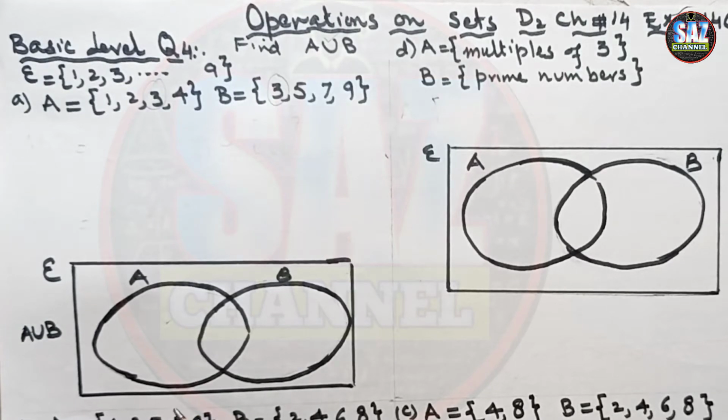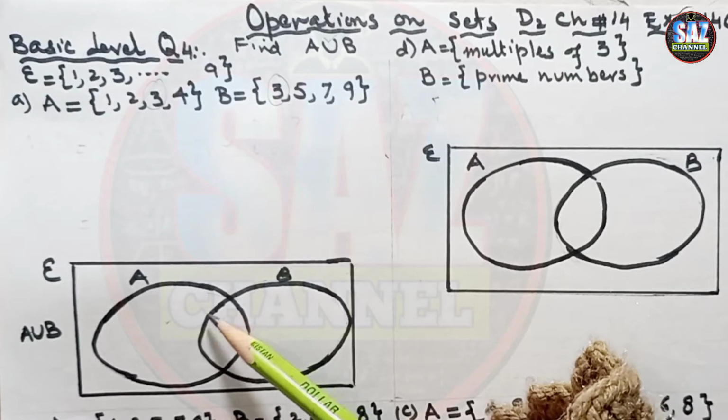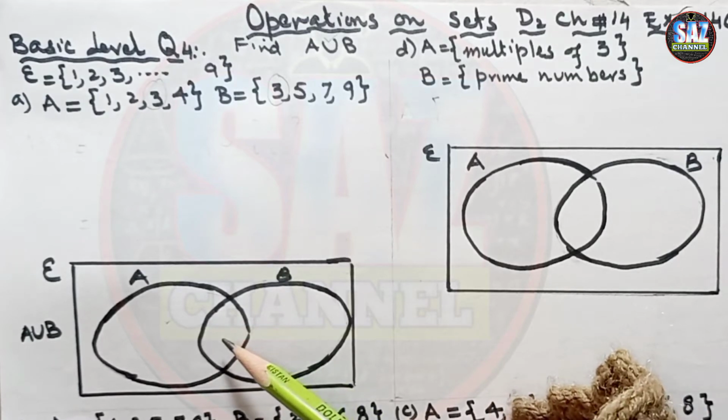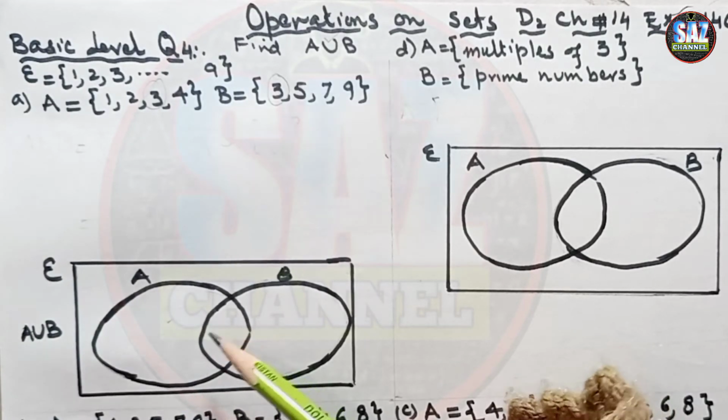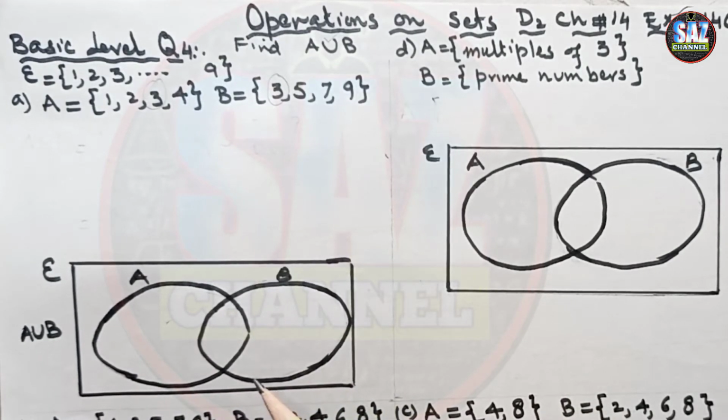For the Venn diagram, we have to draw the universal in the form of a rectangle and then two overlapping circles. On the intersection portion, or the overlapping portion, we have to write those elements which are present in both. The remaining elements of set A will be written in the set A only place, and the remaining elements of set B will be written in set B. And union will be the collection of all the elements of both the sets.